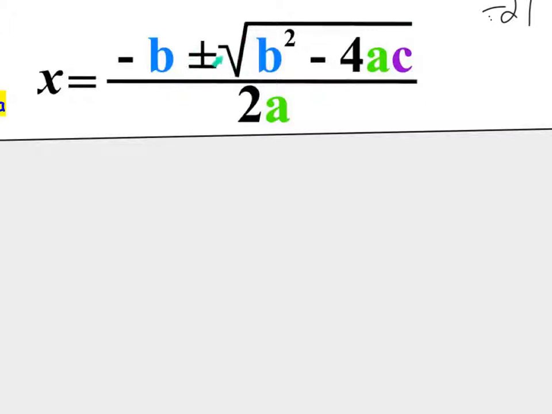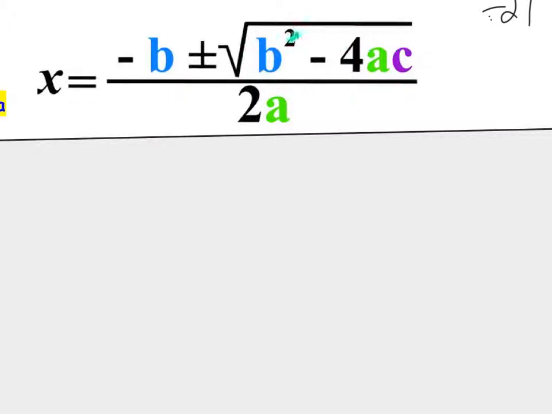Exactly. Once I do b squared minus 4ac, if I go to take the square root of it, what if that whole value is negative? Can I take the square root of a negative? No. So what do you think that's going to mean in terms of solutions? No solution. Very good.